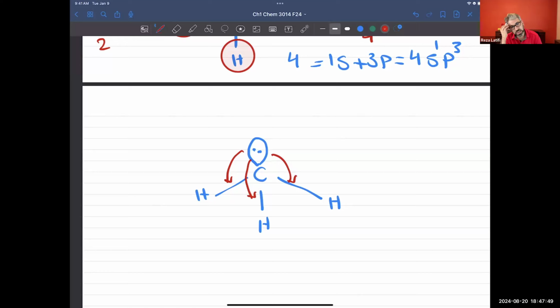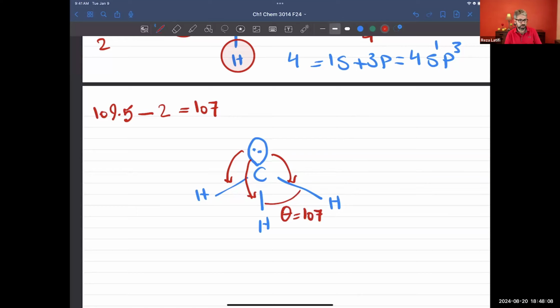Okay. And the bond angle from 109.5 for tetrahedral geometry, it will go down by 2 degrees. And what do we get? We get around 107. So the expected bond angle is going to be 107.